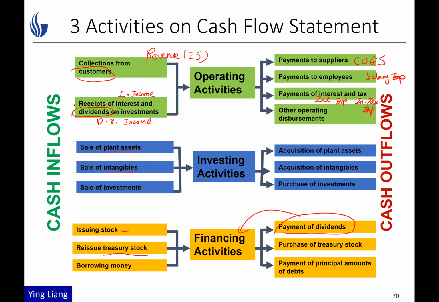Again, when we talk about operating activities of cash flows, we said that every line item in this part can find a relating part in the income statement. Do you see when we pay dividends, do you see the income statement have dividends there? No, it's not. We only have a dividend income. There's no paying out dividends in an income statement.